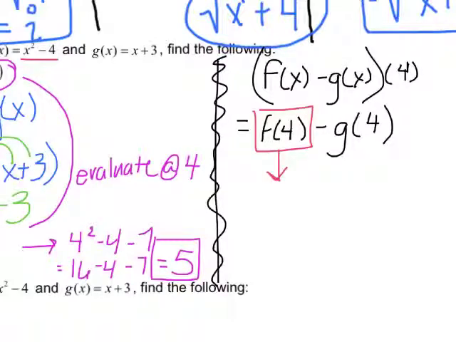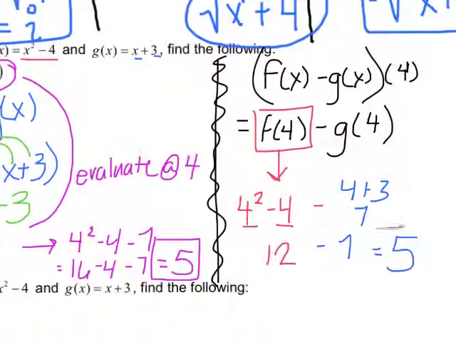Using the f function, we're going to plug in 4. So 4 squared minus 4, which is 16 minus 4, which is 12. And then g of 4 is 4 plus 3, which is 7. So 12 minus 7, we still get 5.